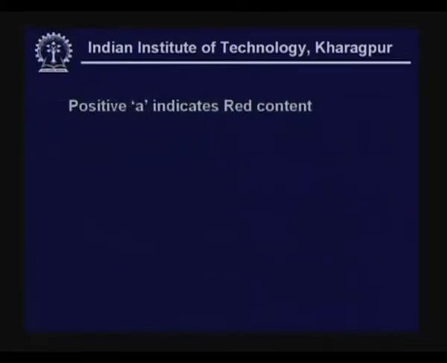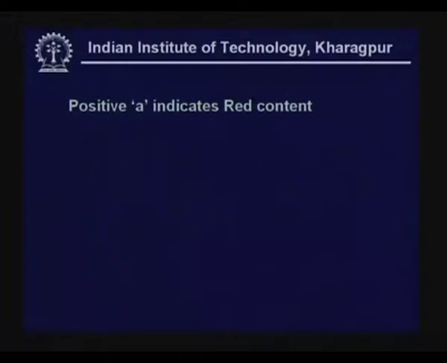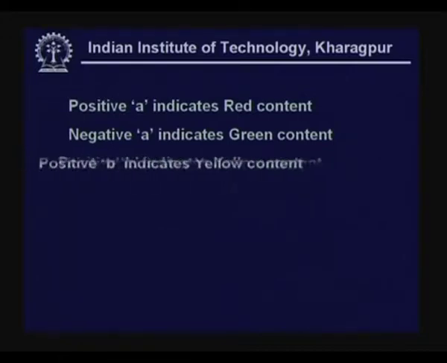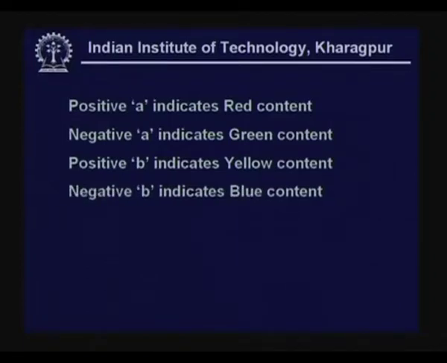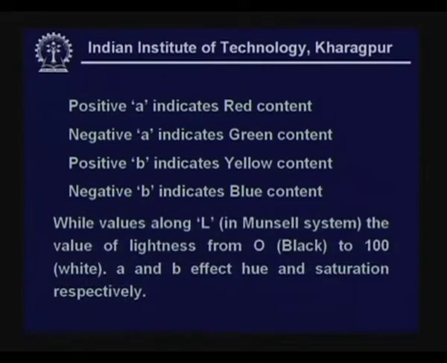In this system, a positive A indicates a predominantly red content, whereas a negative A indicates predominantly green content. The positive B indicates a yellow content, whereas the negative B indicates blue content. So, you have the hues specified in terms of the primary colors.